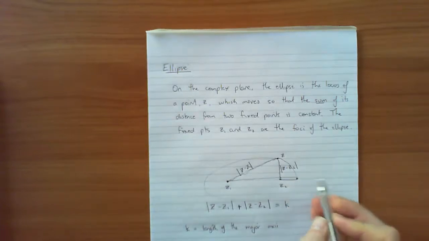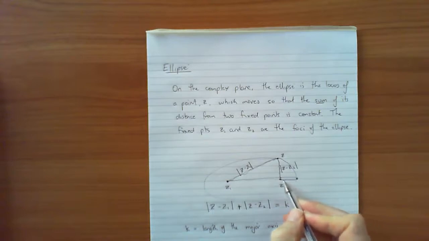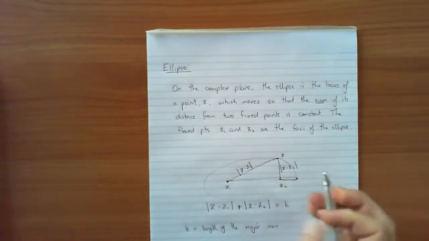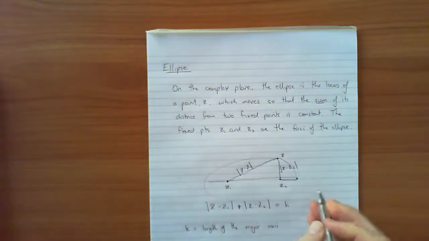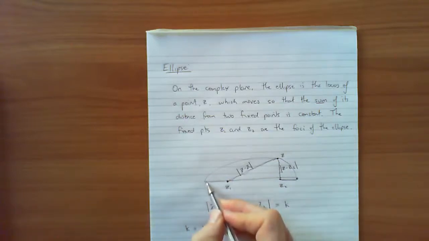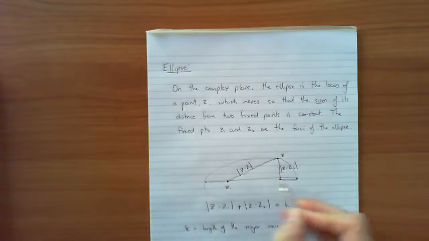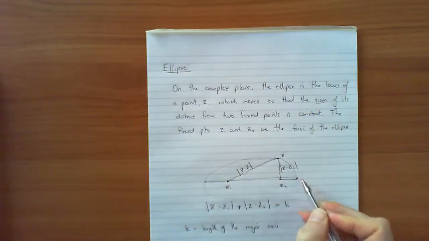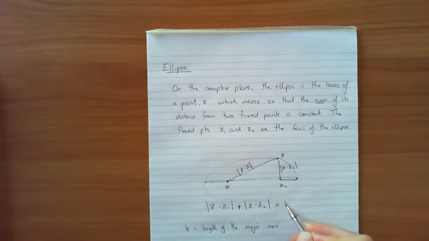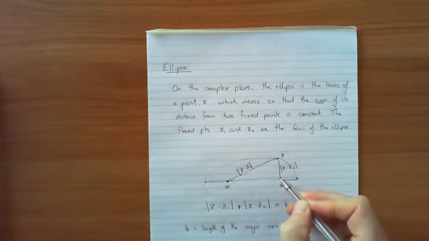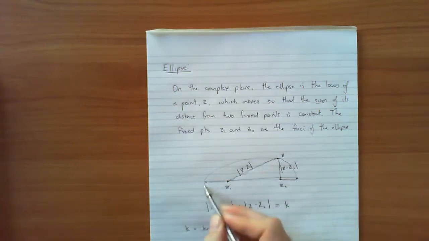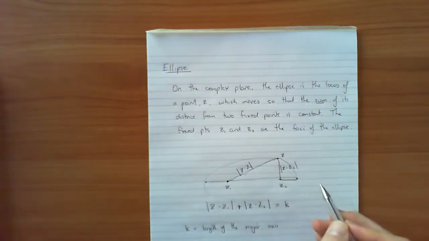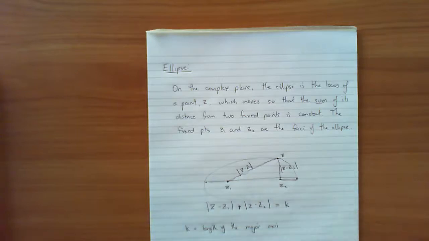If you were to cut that little bit off there and place it over here, then the string would go from one end of the ellipse all the way to the other end, which would be the major axis. So k is like the length of your string, that distance plus that distance, and it is also equivalent to the length of the major axis.